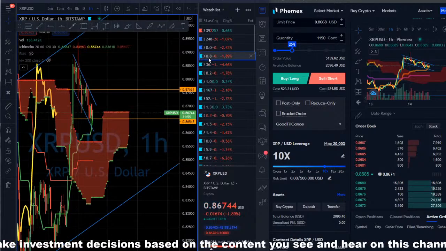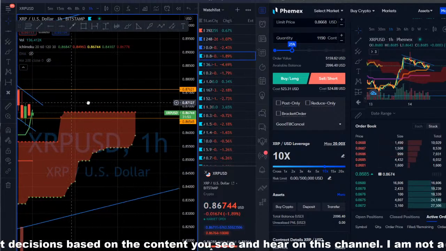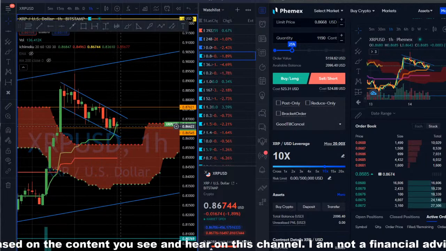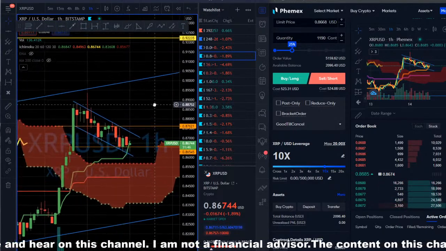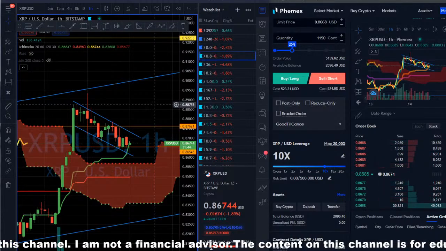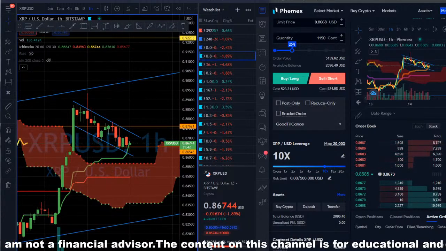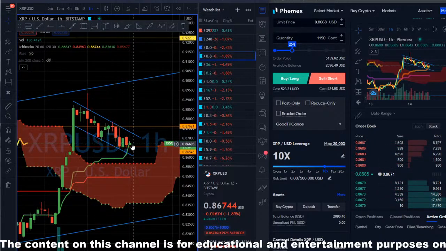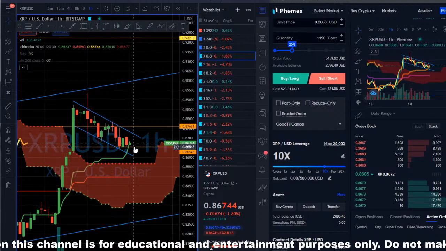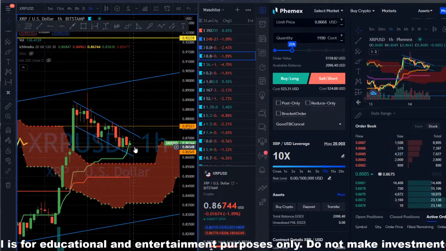XRP. Alright, XRP is holding that support right here pretty good. Okay, good. Okay, yeah.